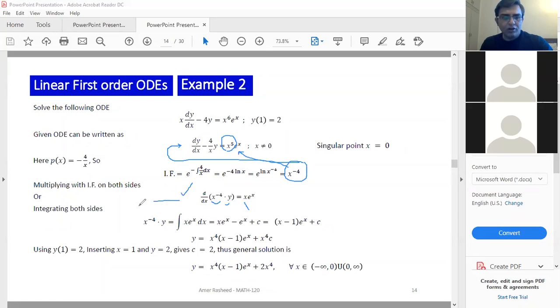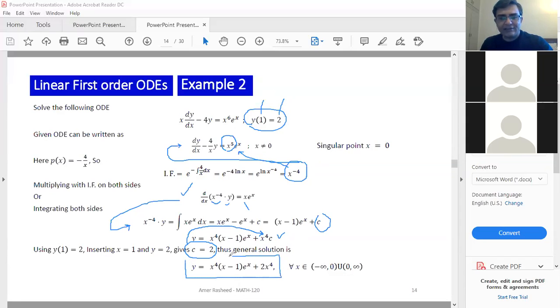Now integrating on both sides, we get this plus a constant c, and after simplifying we get this solution. Now we can use the initial condition by inserting x equal to 1 and y equal to 2. We can obtain the value of c, which is 2. Inserting this value of c back into this general solution, which is also the one parameter family of solutions, we can obtain this particular solution.